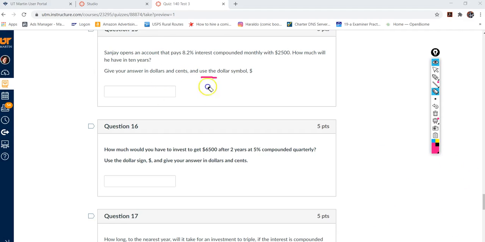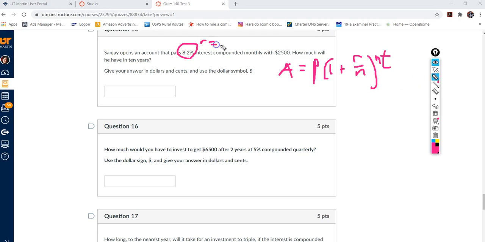So what we will do is A is equal to P times 1 plus R over N to the power of N times T. That's the formula we have to use. So this tells me that R is 8.2 divided by 100. Compounded monthly tells me it's compounded 12 times a year.